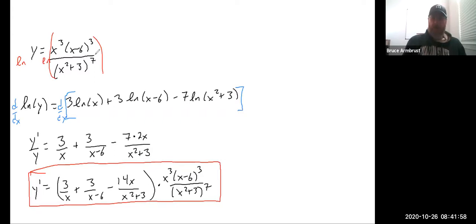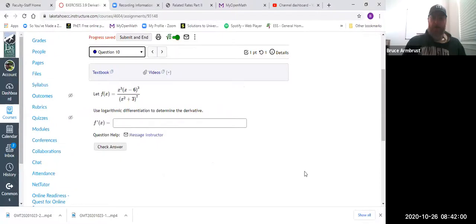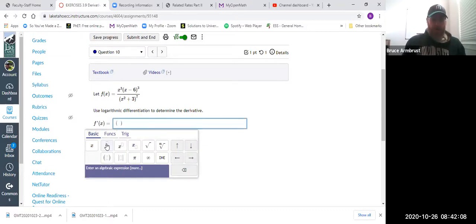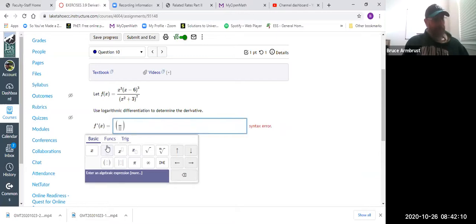So let's go back over there and see what we can do with this guy. All right, so we got parenthesis. Inside that parenthesis, I've got a fraction. The first fraction was 3 over x. And then we're going to add to that another fraction that was 3 over x minus 6.